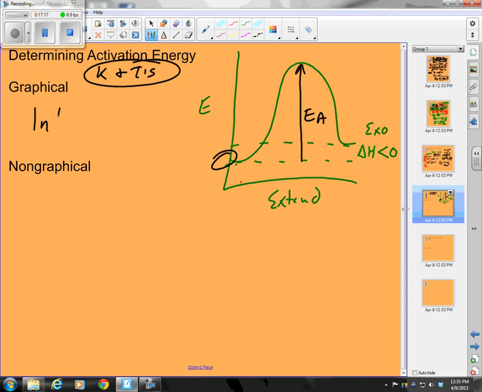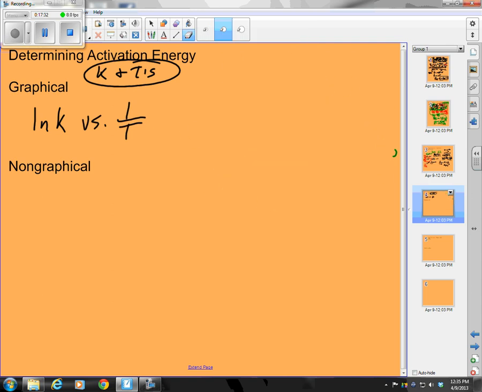So you can take the log of K and graph it versus 1 over the temperature. And of course, these temperatures have to be in absolute temperatures.